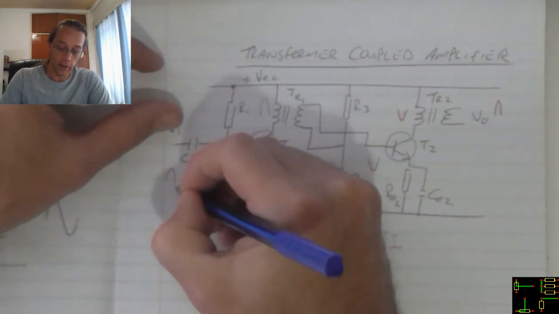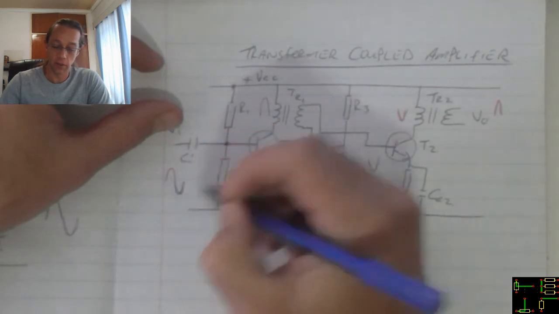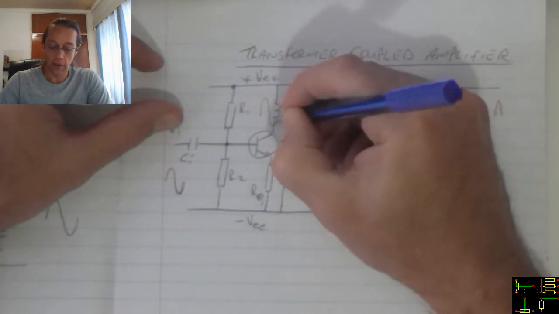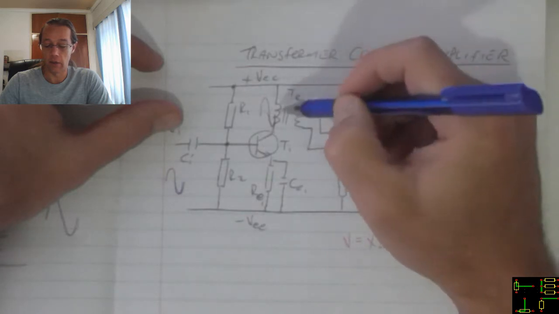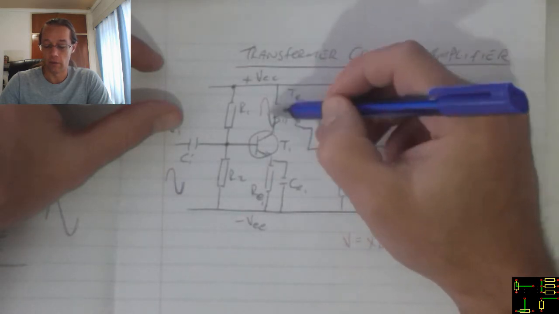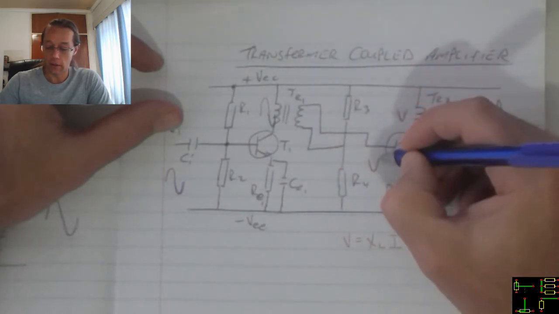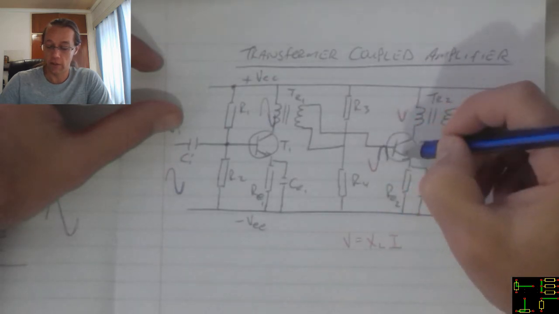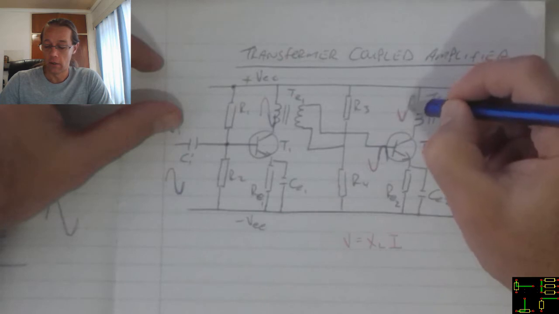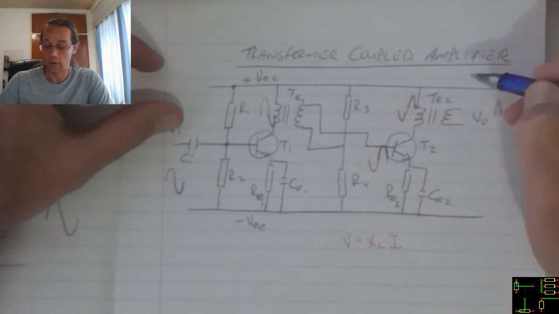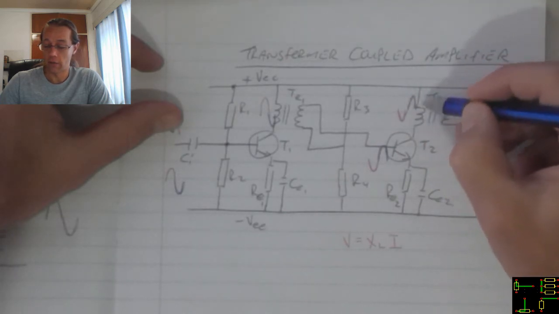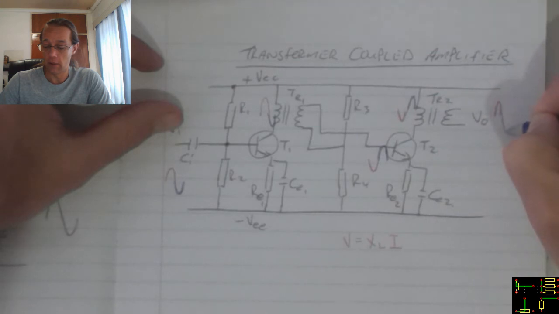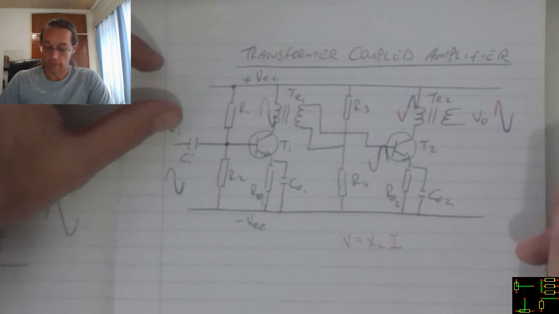Conversely, if I decrease my voltage on the input, I will get a decreasing current, and as a result decreasing voltage through the transformer. That will cause an increase in forward bias on the transistor, which in turn will increase the voltage on the primary over there, and that will decrease the voltage on the secondary over there.